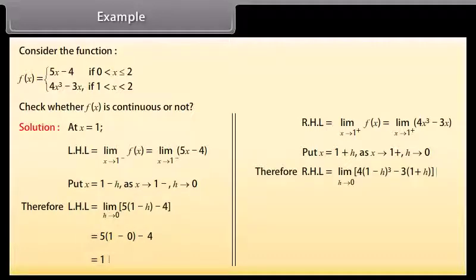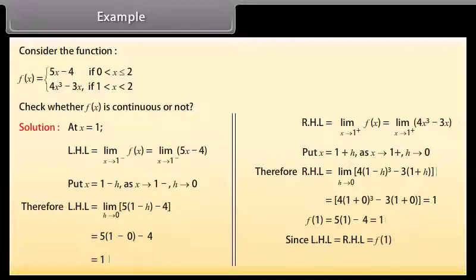Therefore, right-hand limit is equal to limit h approaches 0 of 4(1 + h)³ − 3(1 + h), which is 4(1 + 0)³ − 3(1 + 0) = 1. f(1) = 5 × 1 − 4 = 1.